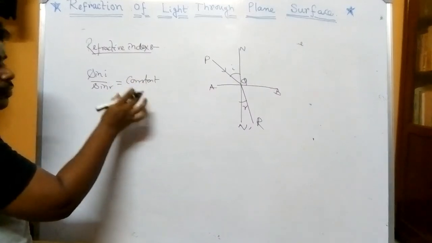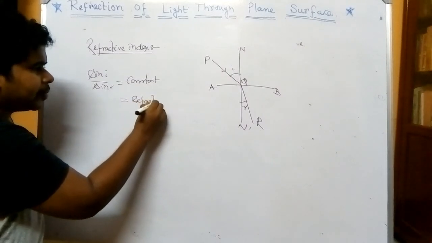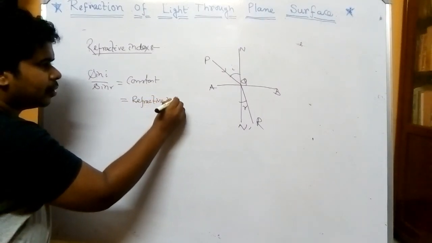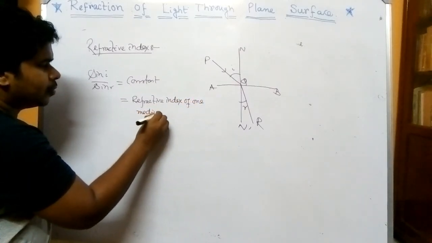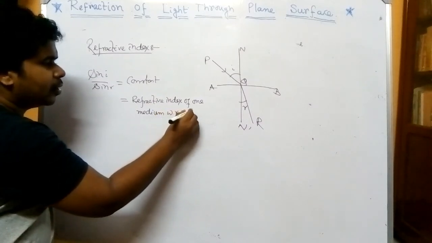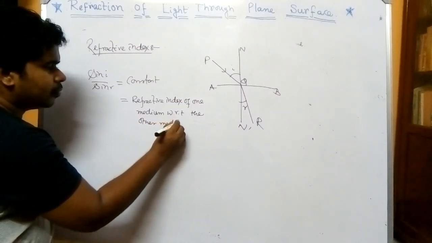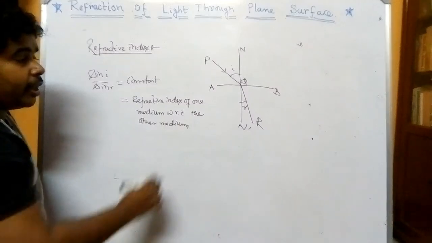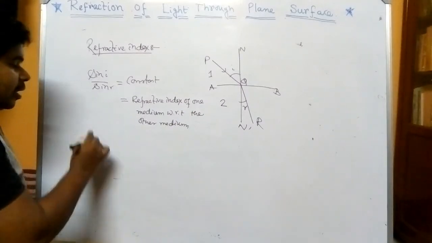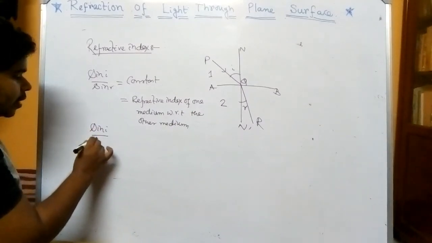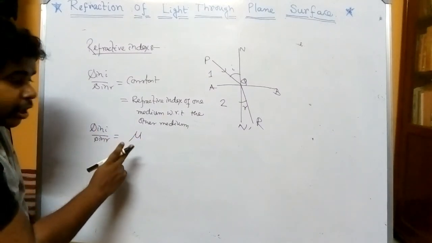This constant is known as the refractive index of one medium with respect to the other medium. That means if the light travels from medium 1 and goes to medium 2, then this sine I by sine R signifies the refractive index, which is denoted by mu.